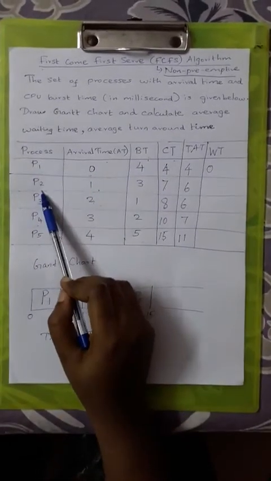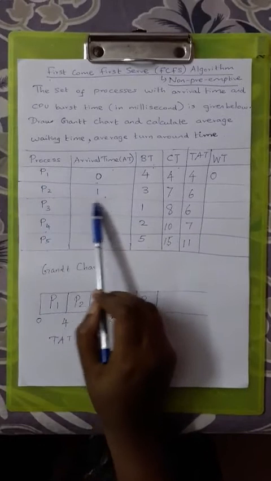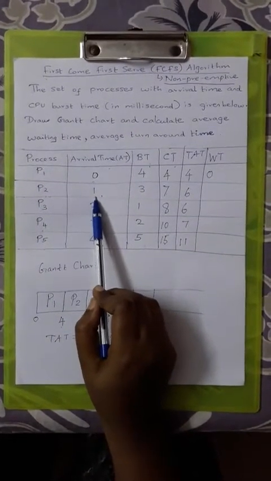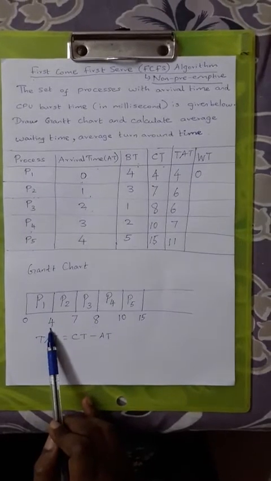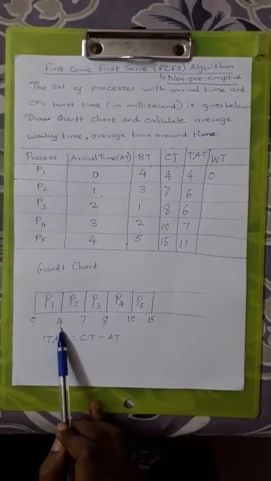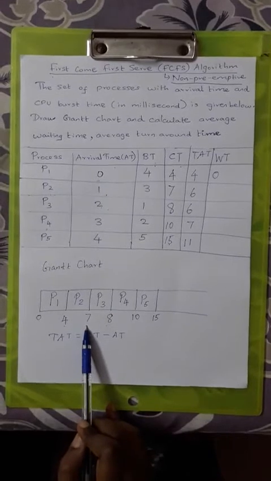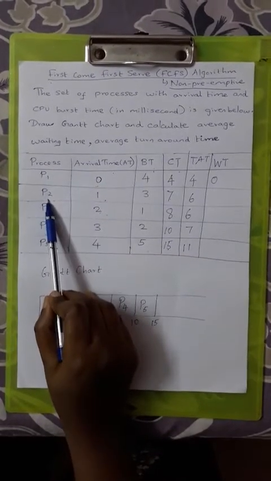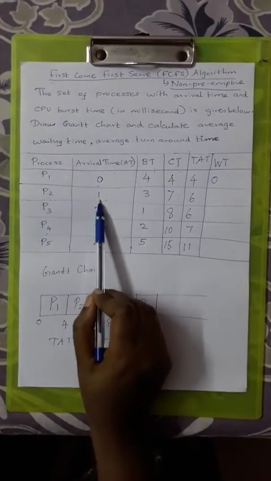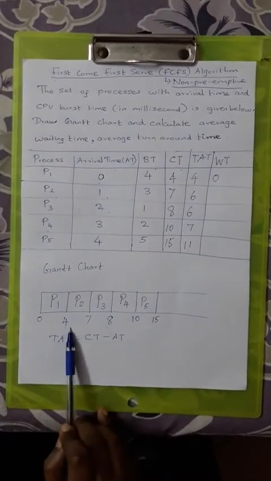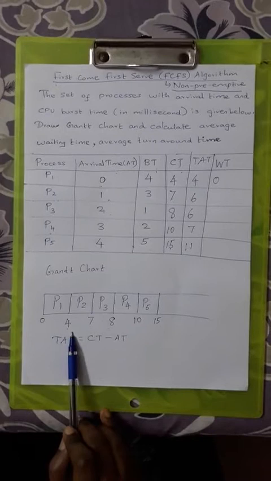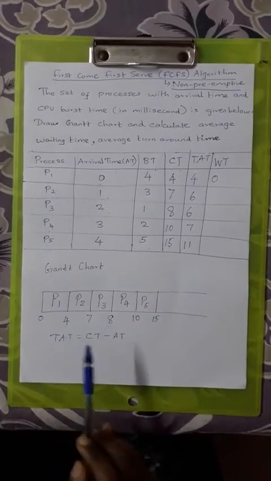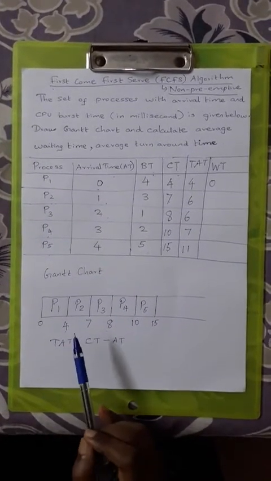Next, process P2. See, process P2 arrived the system at 1st millisecond, but it started its execution at 4th millisecond and gets completed at 7th millisecond. So this process P2 waited from 1st millisecond to 4th millisecond. So 1 to 4 millisecond it had waited means 4 minus 1. That is the waiting time for the process P2.